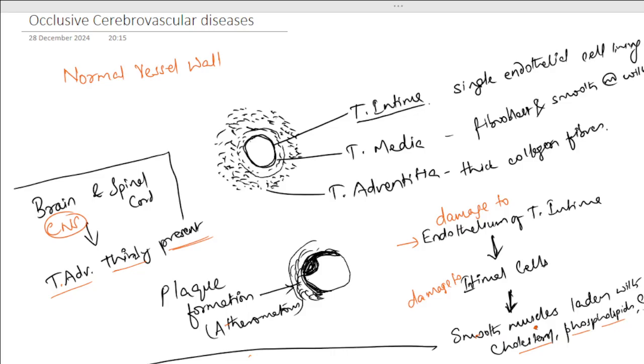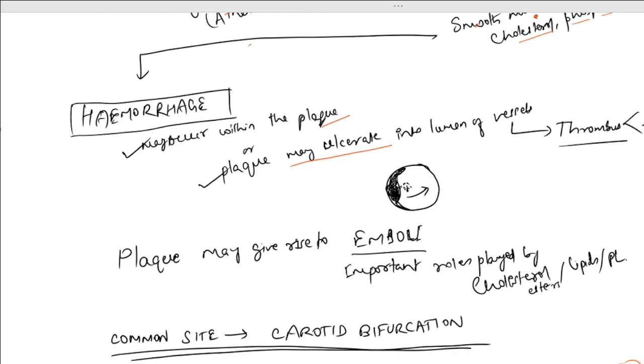So all this, till now, was building up sub-intimally. After that, hemorrhage will happen. This hemorrhage will cause havoc. How? It can happen within the plaque, or the plaque itself may ulcerate and get into the blood vessels.